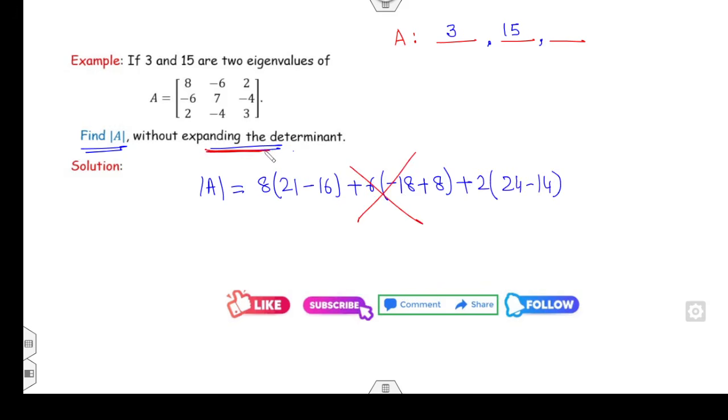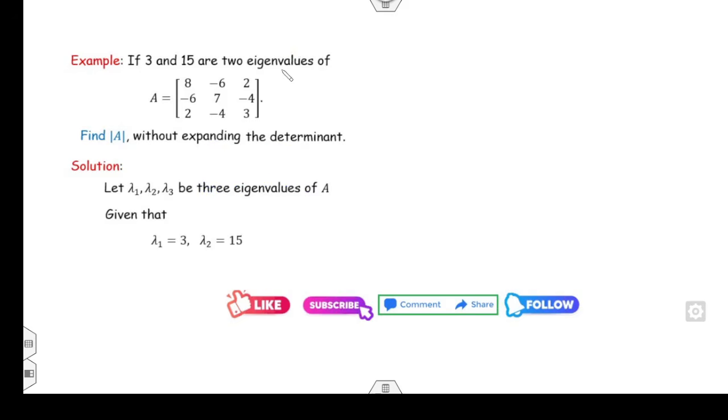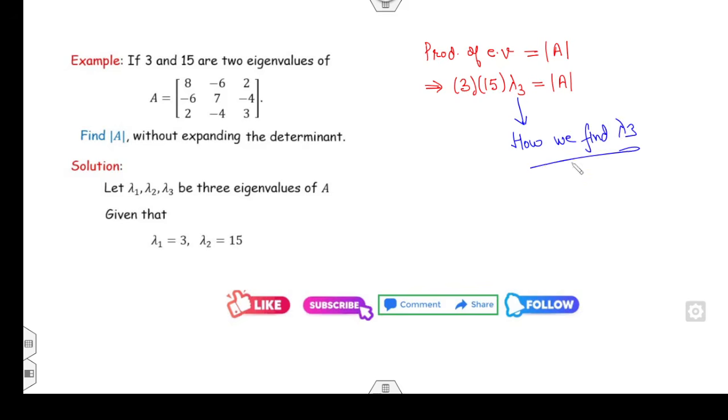Without expanding, because these are the eigenvalues, I can use the eigenvalue property. That means I can use: the product of the eigenvalues is equal to the determinant. That means 3 times 15 times lambda 3 is the determinant. But the question is how we can find lambda 3. Yes students, can anybody tell me how you can find lambda 3? That is quite easy.